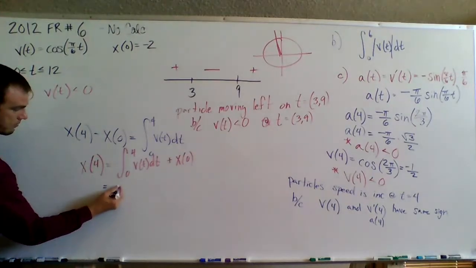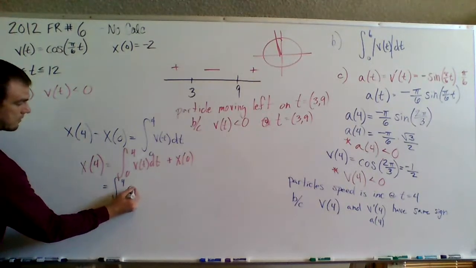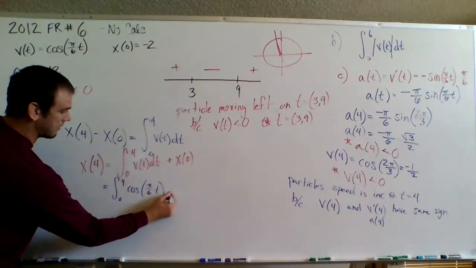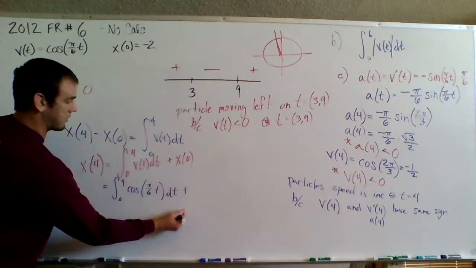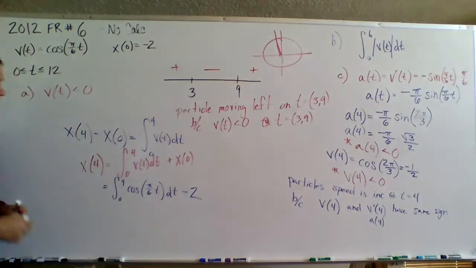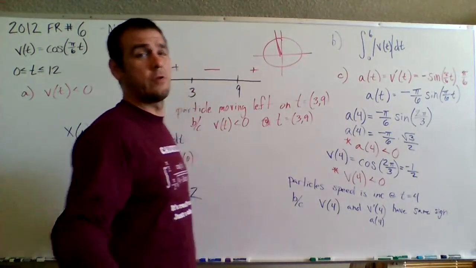So we're going to actually have to integrate from 0 to 4 of cosine of pi over 6 t dt plus our initial position, which is really just going to end up being minus 2. Now this is a little bit more difficult integration. We're going to have to do a little bit of u-sub.